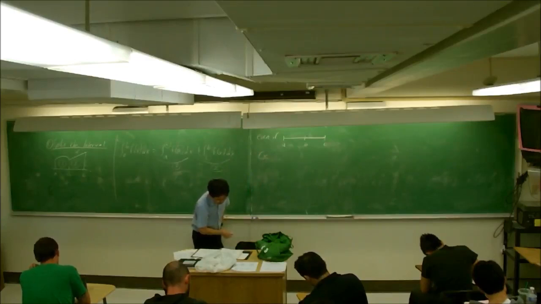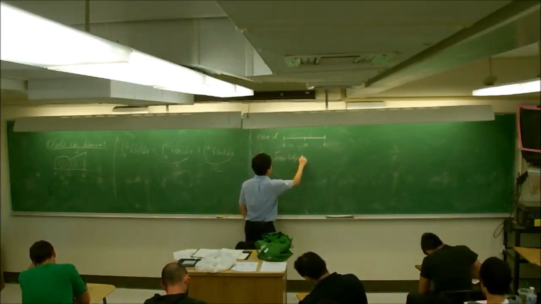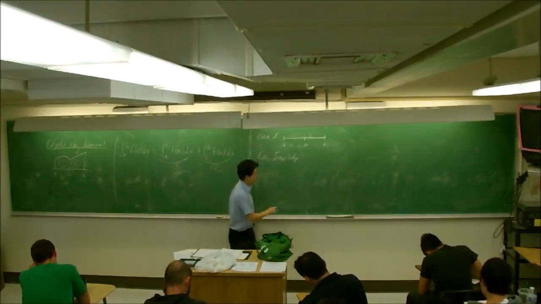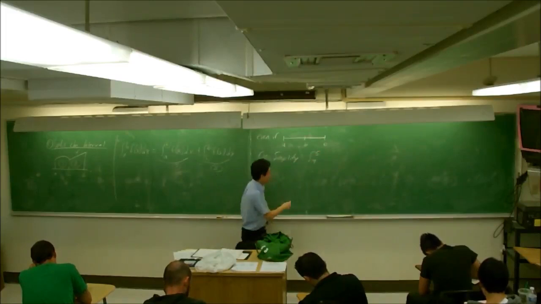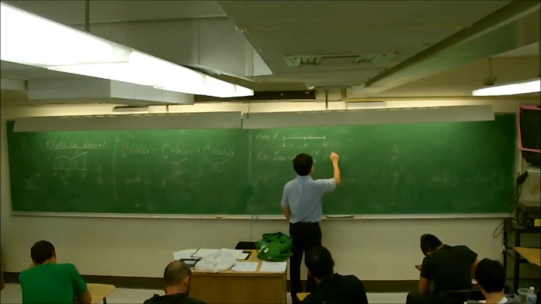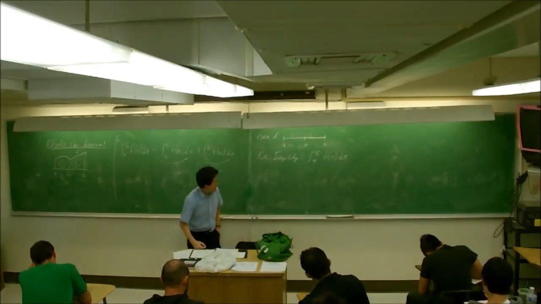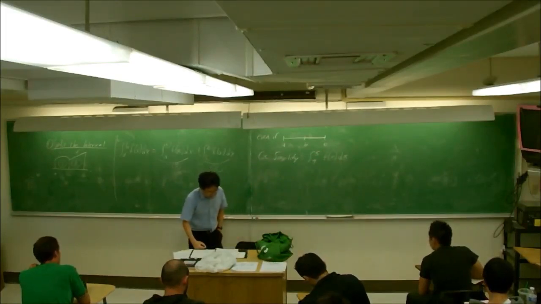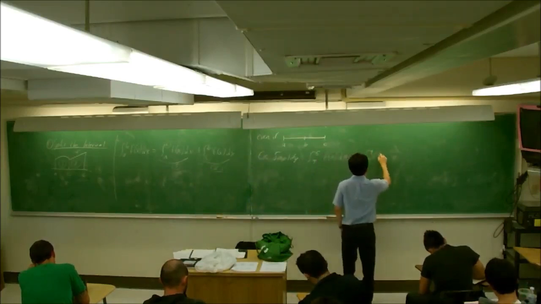All right, so here's an example. Example, simplify the following. All right, integral from 9 to 5, f of x dx, plus integral from 3 to 9, f of x dx.